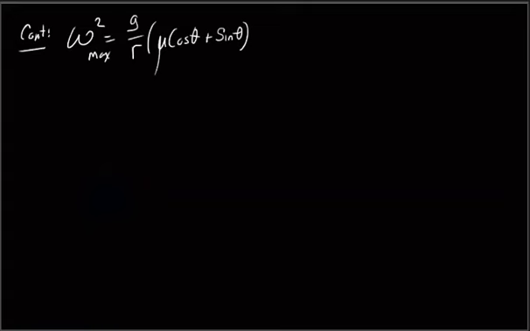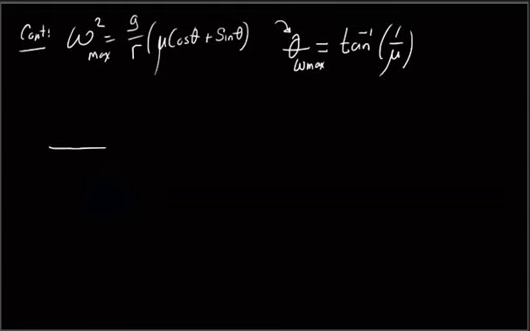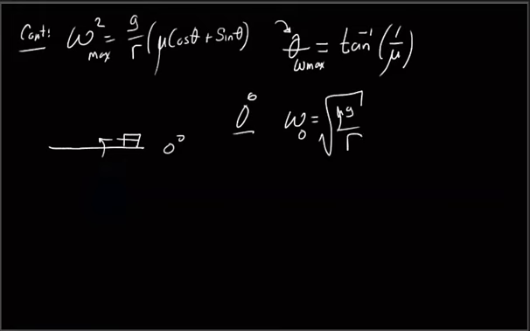We found that the angle where omega max will occur will be at tan to the minus 1 of 1 over mu, and we found that on flat, at 0 degrees, omega 0 will be the square root of mu g over r.